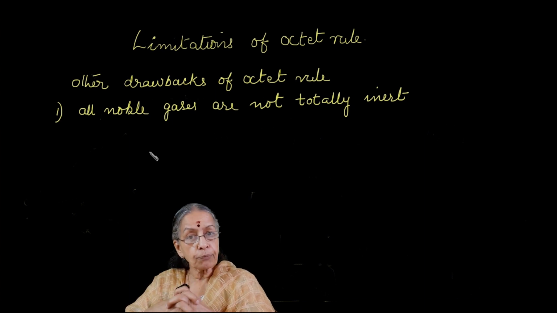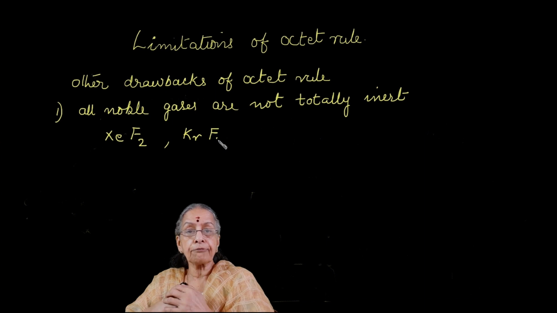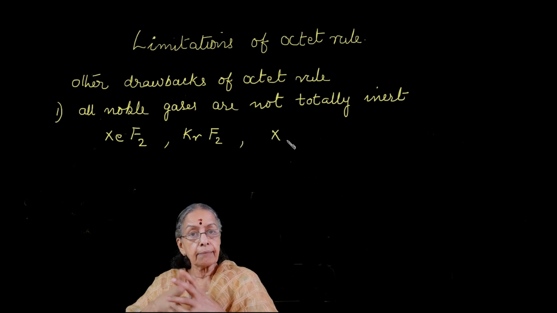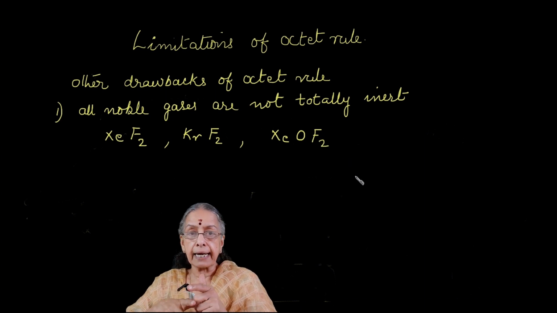Yet, they form compounds. For example, xenon forms xenon fluoride. Similarly, krypton fluoride. Another compound of xenon is oxyfluoride of xenon. So the concept that elements undergo chemical reaction to attain stable octet electronic configuration in the outermost shell itself is questioned here.